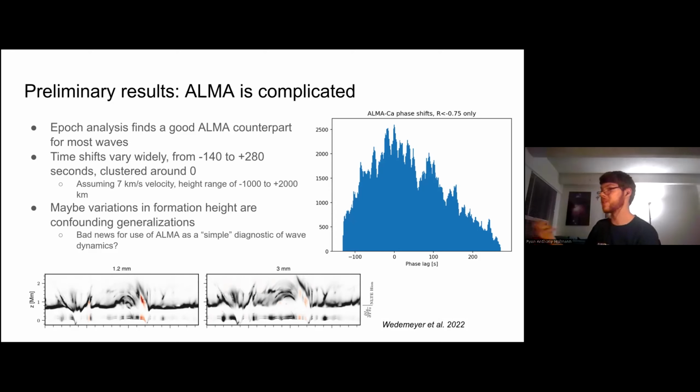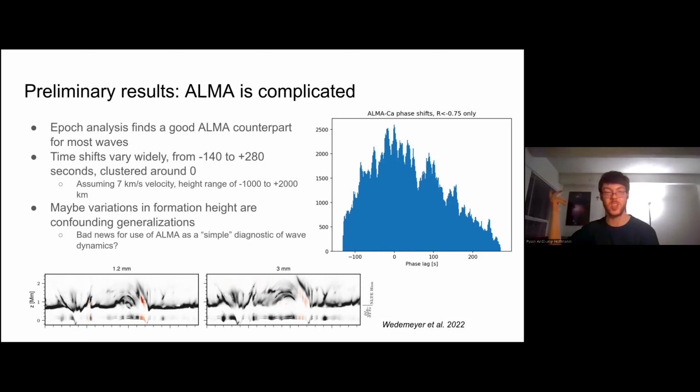basically instead of testing if calcium wave, then ALMA wave, we look for if no calcium wave, then no ALMA wave. And actually, it turns out that that is not the case. And in fact, there are many locations where we're seeing these 3-minute-ish ALMA temperature oscillations where there's no waves occurring in the calcium line.